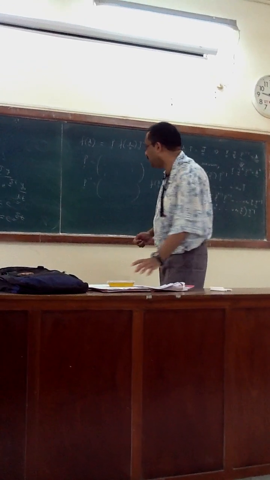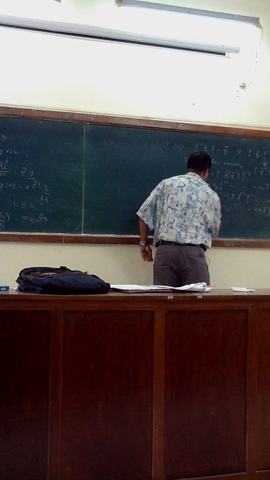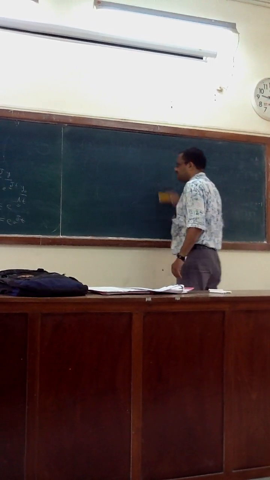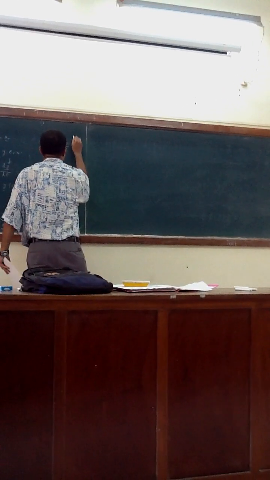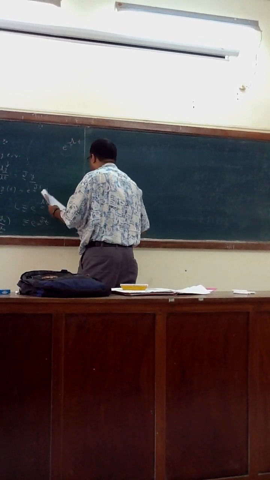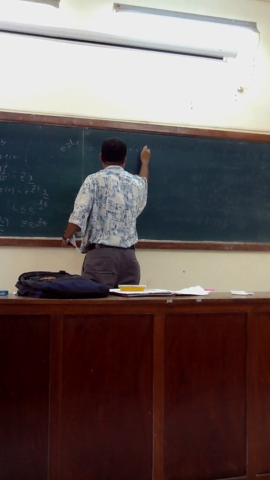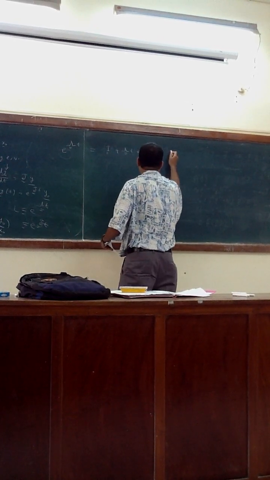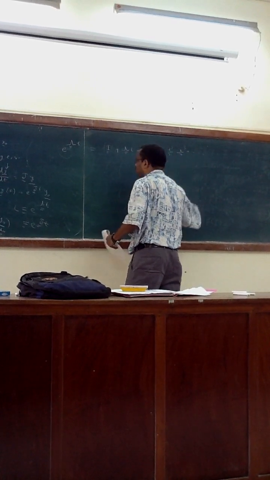And how to calculate e to the power lambda t? I will now do it here. e to the power lambda t is nothing but I plus lambda t plus lambda square by 2 factorial t square, plus t cube by 3 factorial lambda cube and so on.